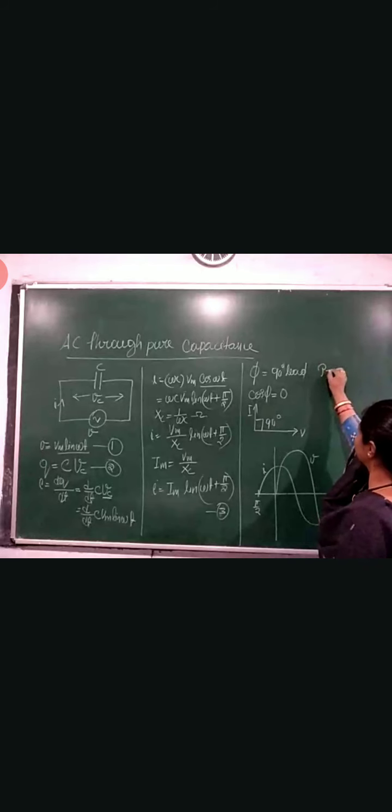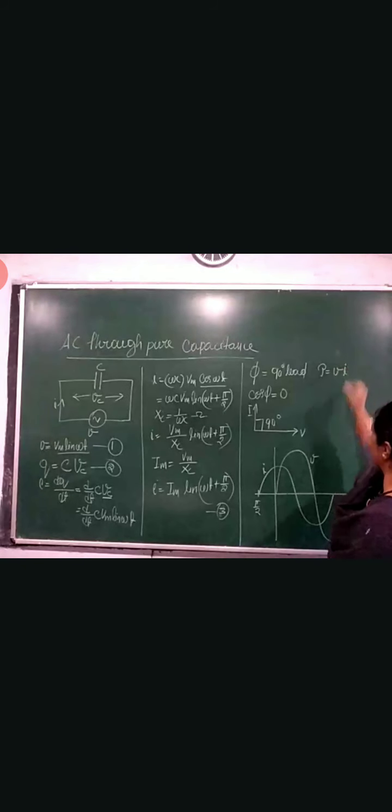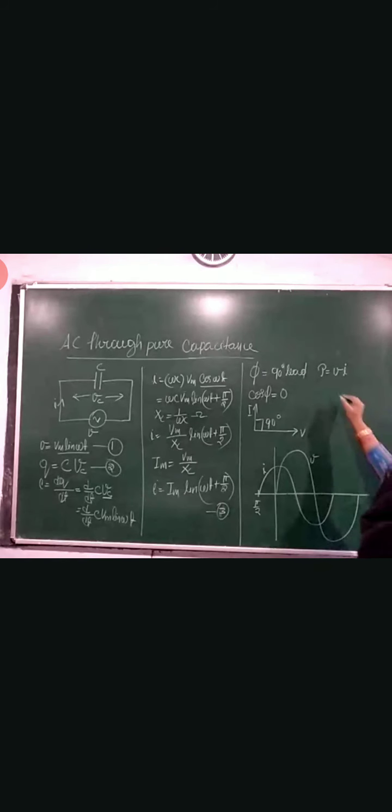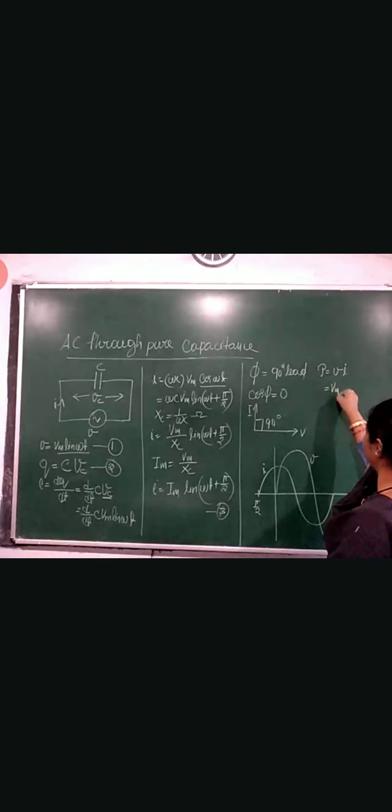Now we go for the discussion of power. Instantaneous power is the product of instantaneous voltage and instantaneous value of current, which gives, here you put from equation 1 the value of voltage Vm sin omega t, and current is Im sin of omega t plus pi by 2.